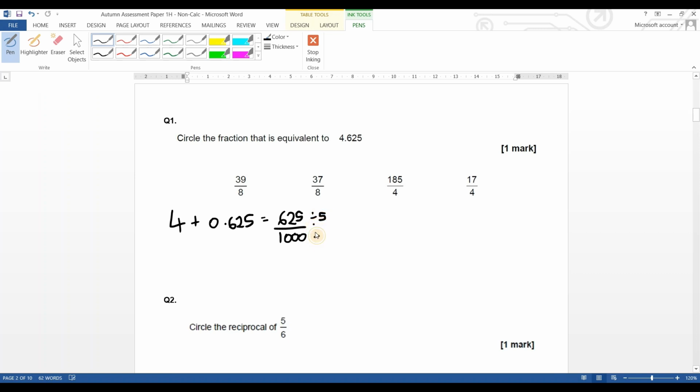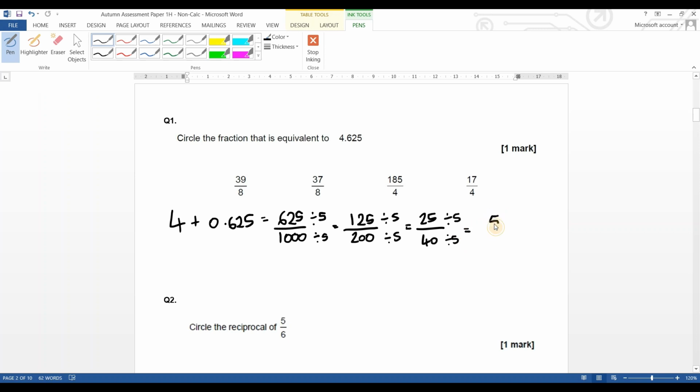Definitely 5 goes into these. 1, 2, 5 over 200. 5 again. That's going to be 25 over 40. And 5 again, might as well.